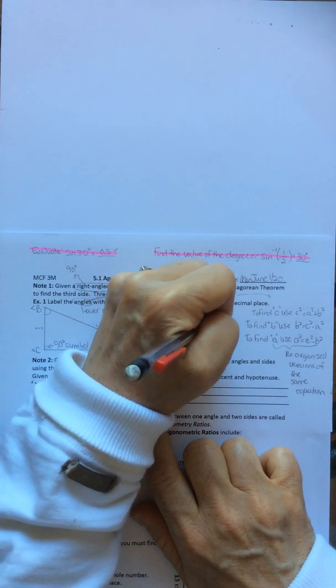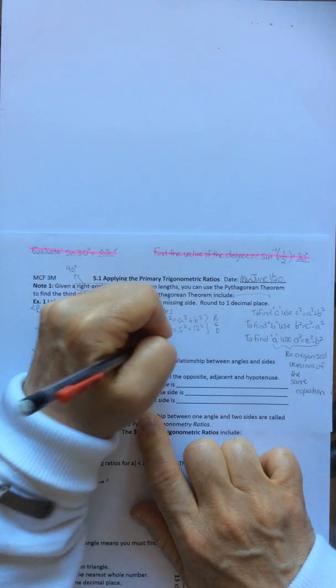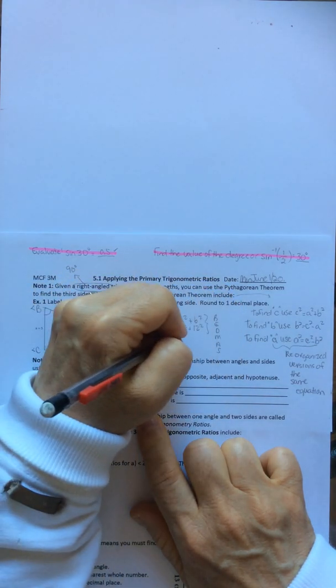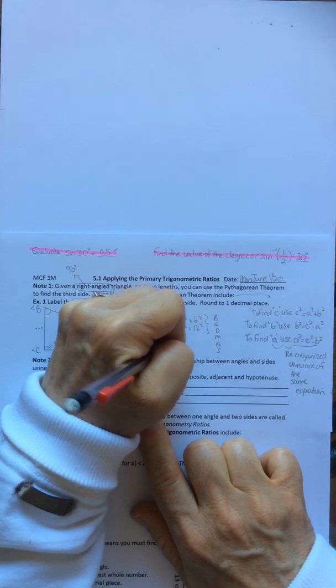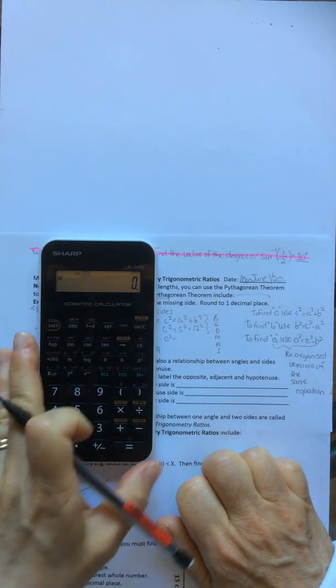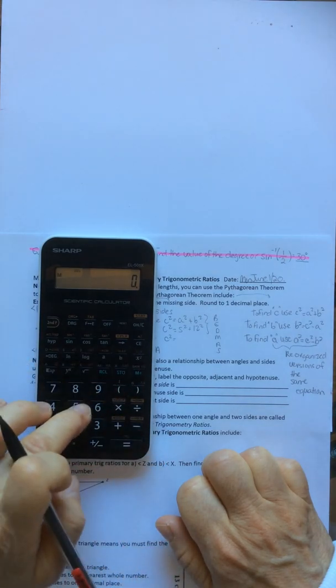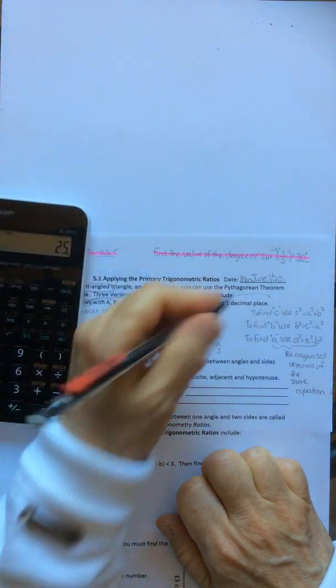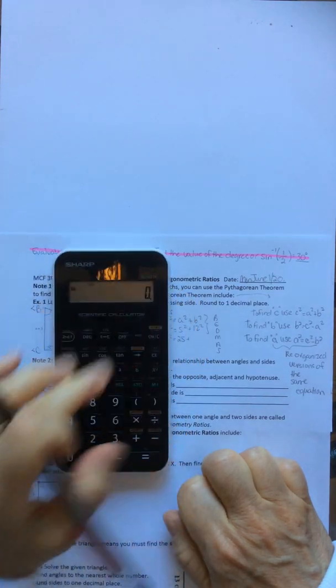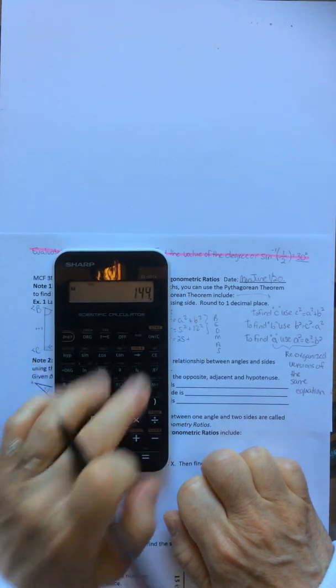We're using BEDMAS here because we've already isolated the C, right? So 5 squared, wherever your squared button is, there's mine. So 5 squared is 25, plus 12 squared is 144.